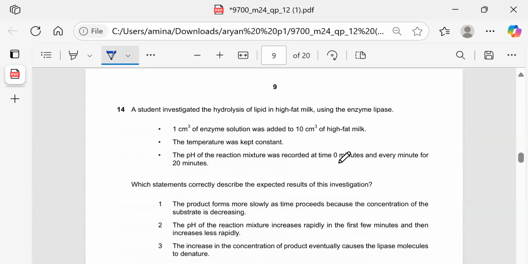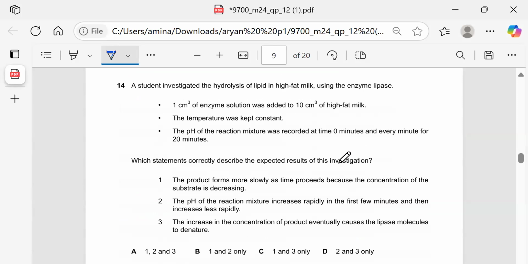The next question is question number 14. A student investigated the hydrolysis of lipid in high fat milk using the sample lipase. So I have a fat and I have an enzyme lipase, okay? And how I'm finding the rate.